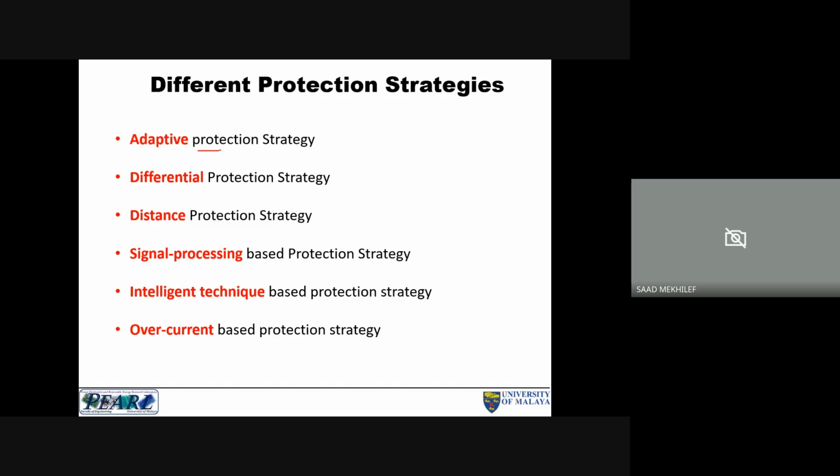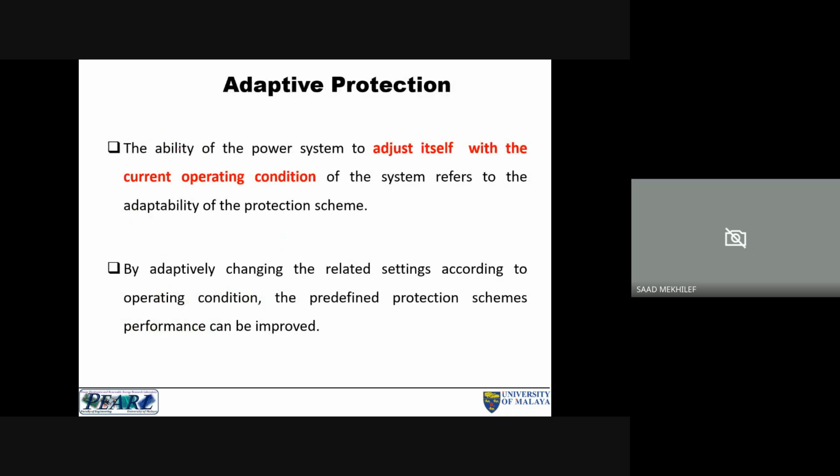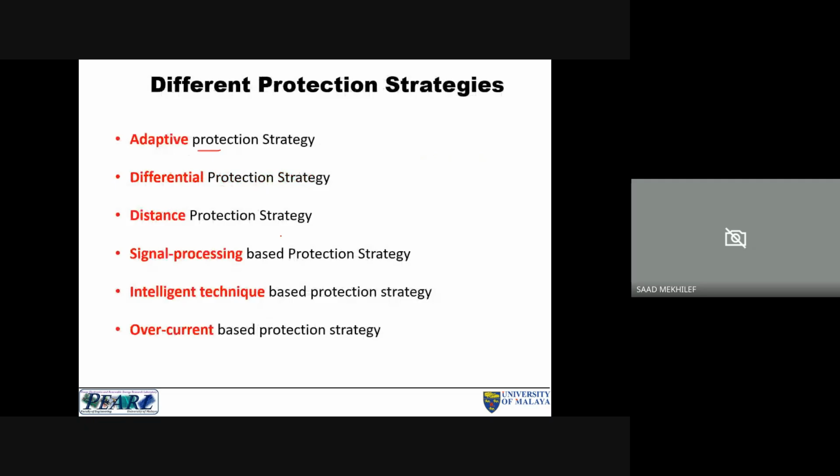If we look into the adaptive approach, it is the ability of the power system to adjust itself to the current operating condition, to adapt by itself without external interference, by adaptively changing the related settings according to the operating condition. So it's adaptive, from the word adapt, to the current conditions.